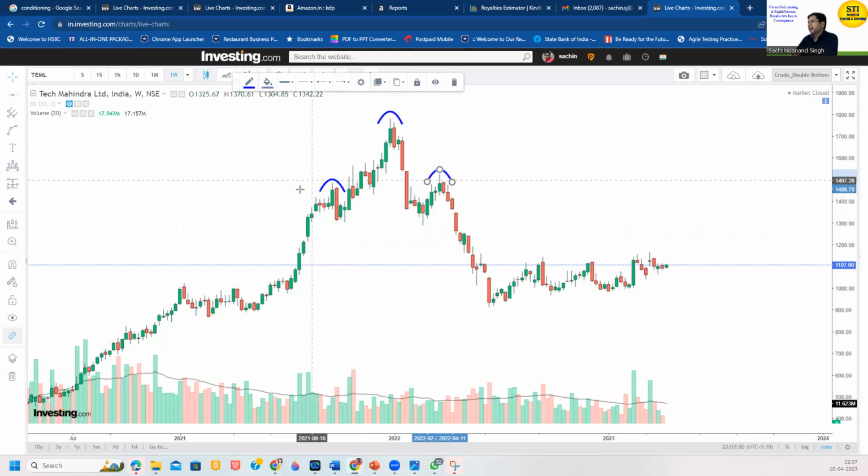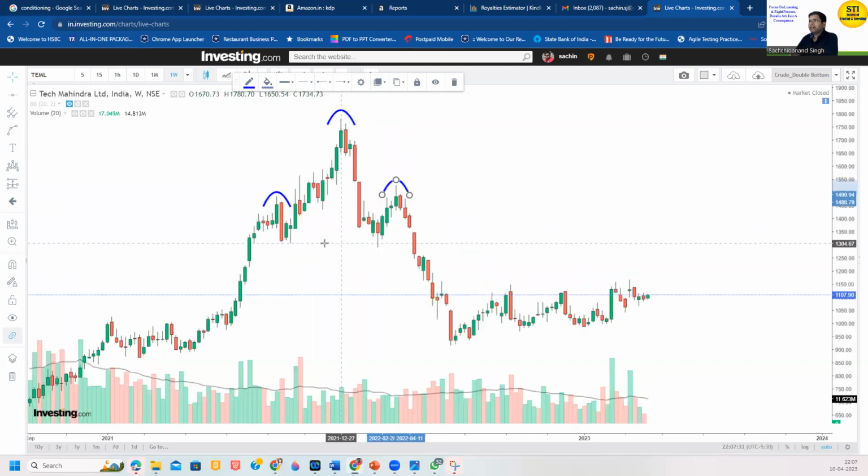To identify the neckline, as I mentioned, you need to find 2 lower points below both the shoulders. On the left hand side, this particular green candle, maybe kind of a hammer, is the lowest point, and on the right hand side, this bearish candle, maybe a hammer or so, could be the other low point.